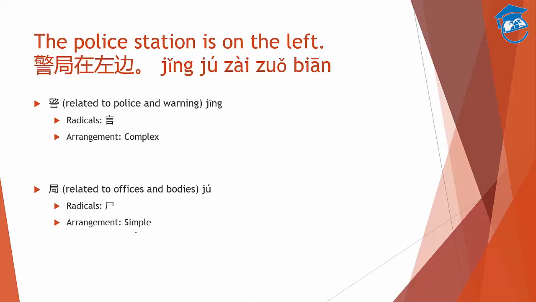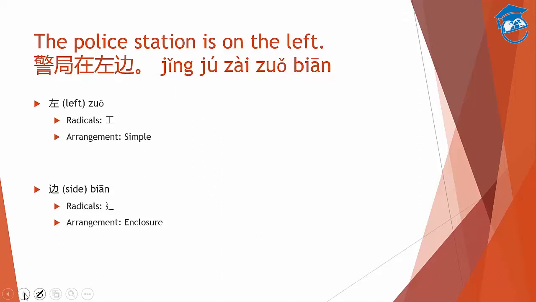The arrangement is simple. So this is how to write 局. 7 strokes for this one. Okay, 警局 is police station.